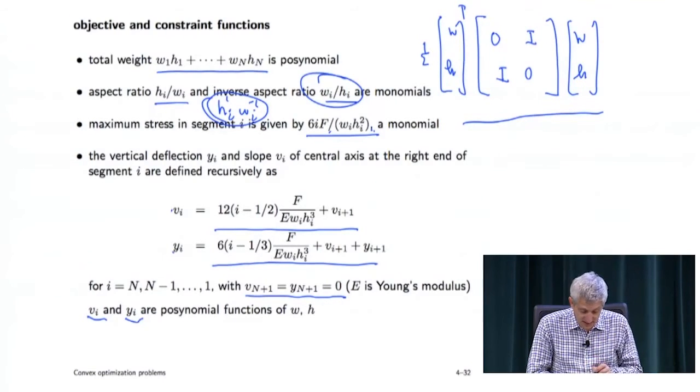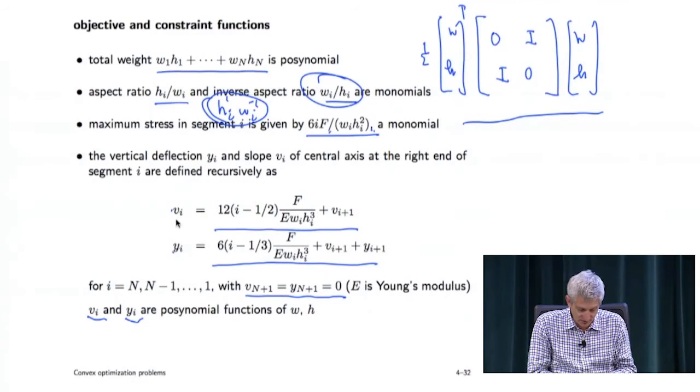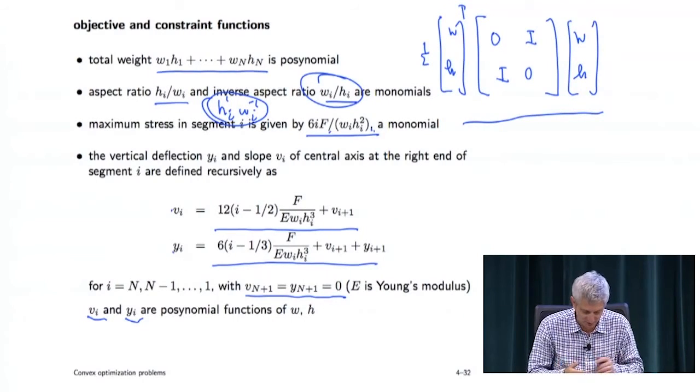On the next step, if you look at V sub n minus 1, Y sub n minus 1, what you get is something that looks like that. And you're using the fact that these are monomials. It's a monomial plus a monomial. That makes it a polynomial. So by induction, all the Vi's and Yi's are polynomials. Okay, so that's what it means.